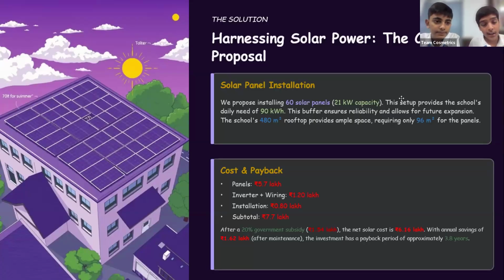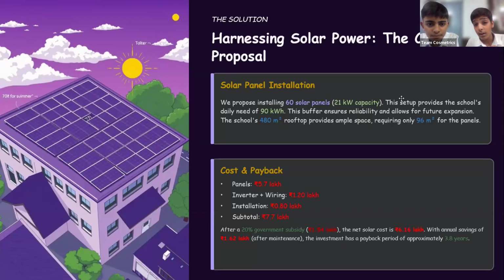We have to find the number of panels, and each panel produces 0.3 kilowatt of energy, or in the power cut of 5 hours, it will produce 1.5 kilowatt hours of energy. So the number of total panels will be 60 by simply dividing.